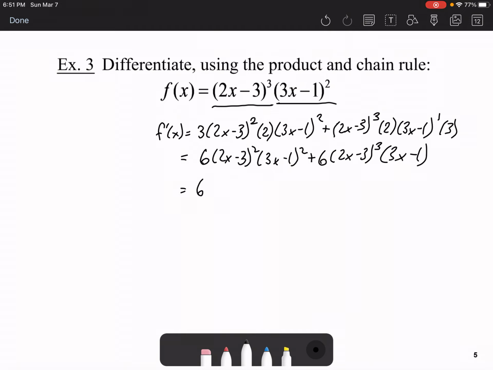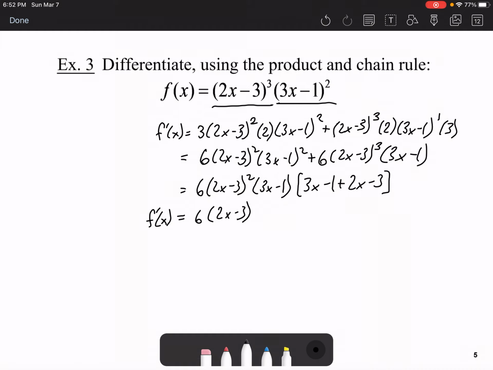Common factors between all of this is 6, 2x minus 3 squared and 3x minus 1, leaving 3x minus 1 plus 2x minus 3. So this final derivative simplifies to 6 times 2x minus 3 squared times 3x minus 1 times 5x minus 4. And there we go.